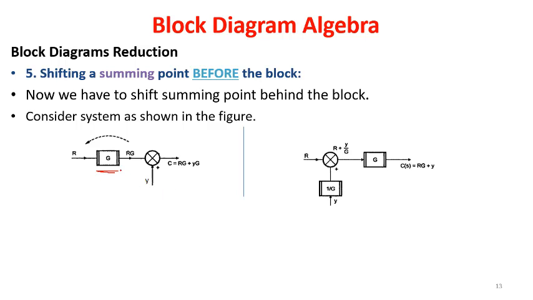So the modification we do here is to add an additional block, the reciprocal of the forward block, 1 by G, with the same signal Y.